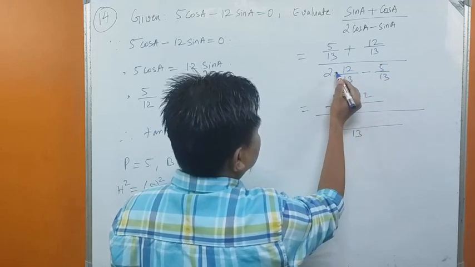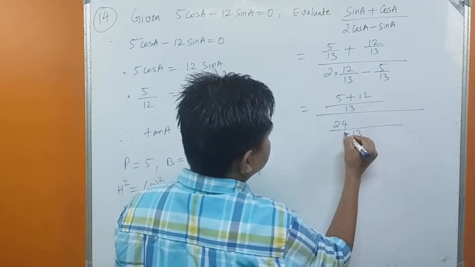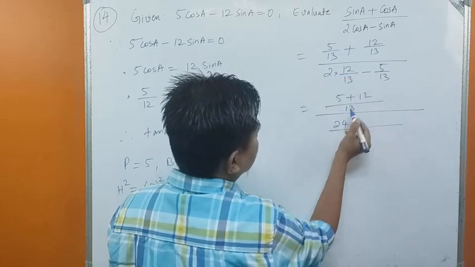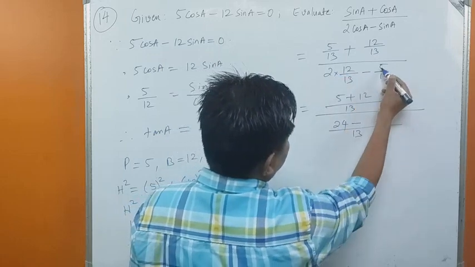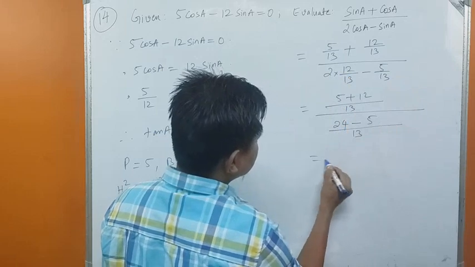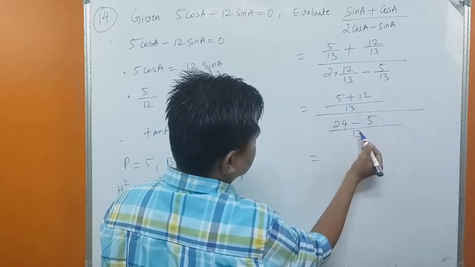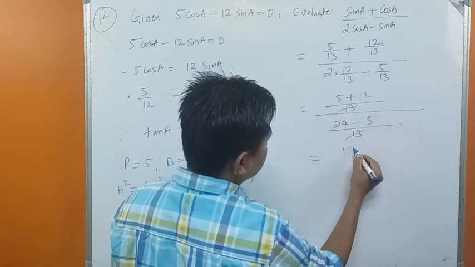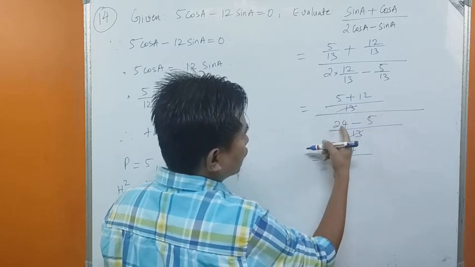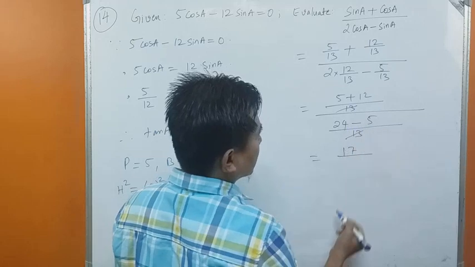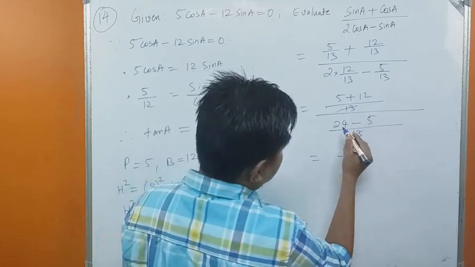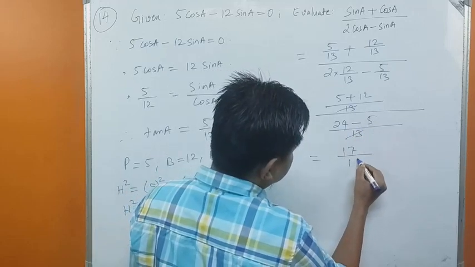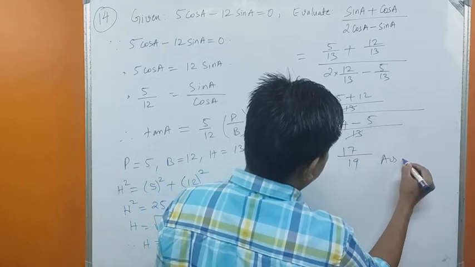So 12 into 2 gives us 24, 24 minus 5. Now this 13 and 13 can be cancelled, okay? 13 cancels out, so 5 plus 12 is 17, 24 minus 5 is 19, isn't it? 24 minus 5 is 19, so this is the answer, okay?